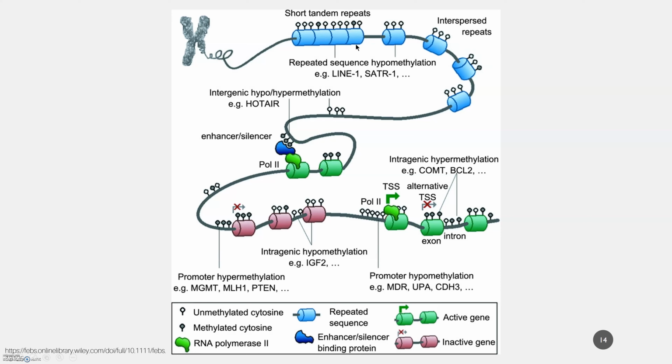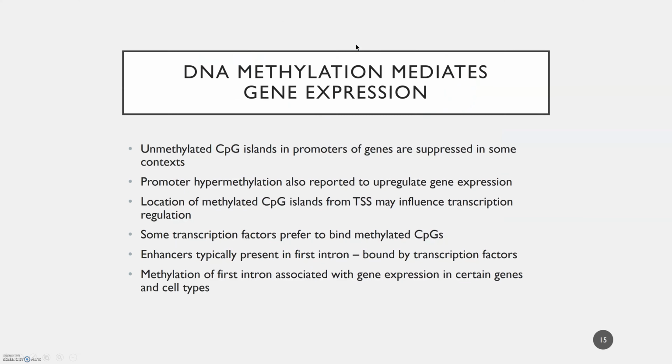What is interesting is that in certain contexts, genes with unmethylated CpG islands in the promoters appear to be suppressed, while promoter hypermethylation has been reported to upregulate gene expression. The location of the methylated CpG islands from the transcription start site appears to influence transcription regulation.